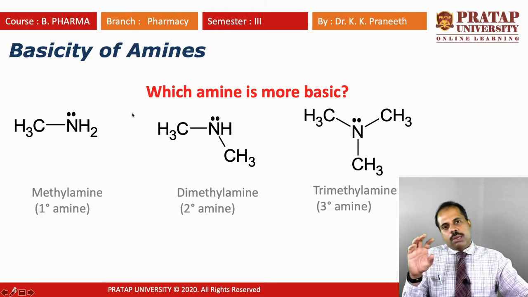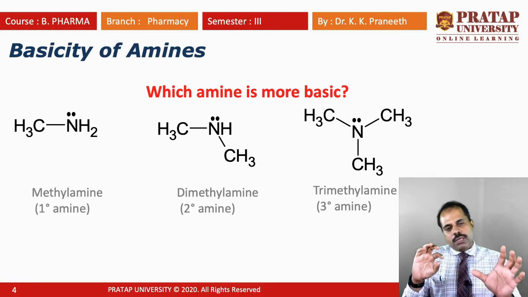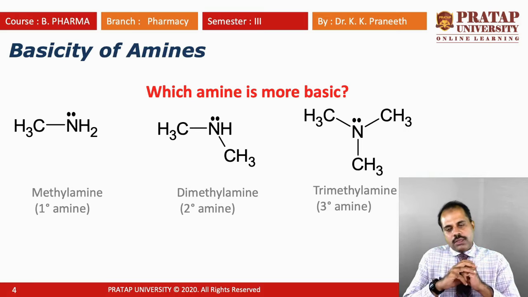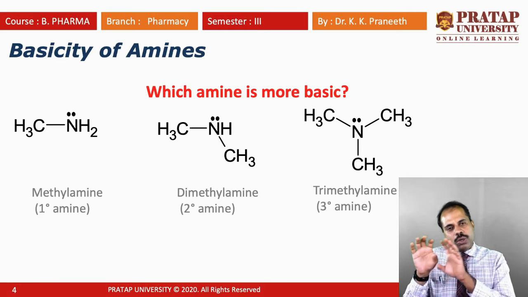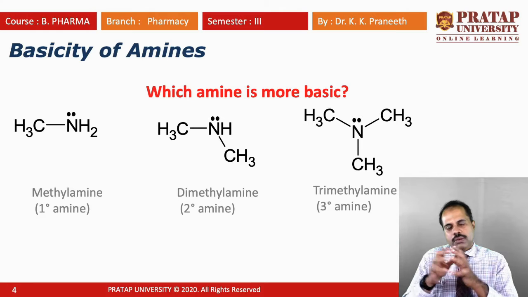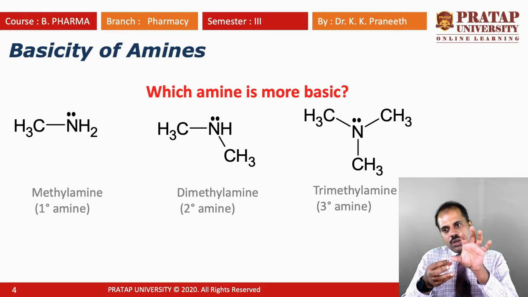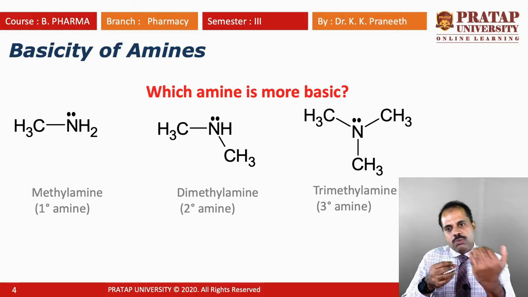We have seen that compared to ammonia, the primary amine CH3NH2 is more basic, because there is one CH3 group, which is an electron donating group. It pushes electron density, making the electron pair easier to donate, so it is more basic.